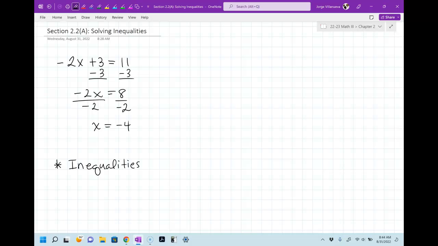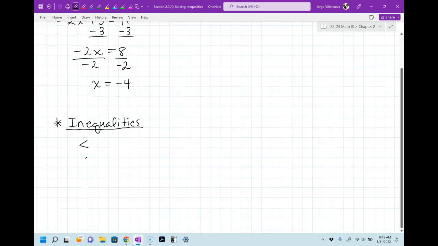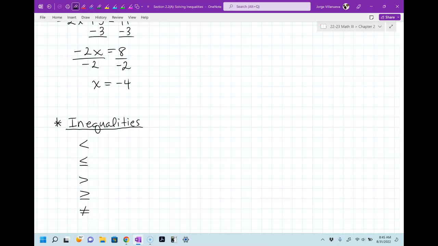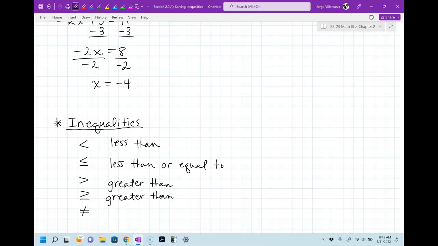So inequalities are less than or equal to, greater than or equal to, or not equal to. Okay, I'll write them down. This is less than or equal to, greater than or equal to, and not equal to.